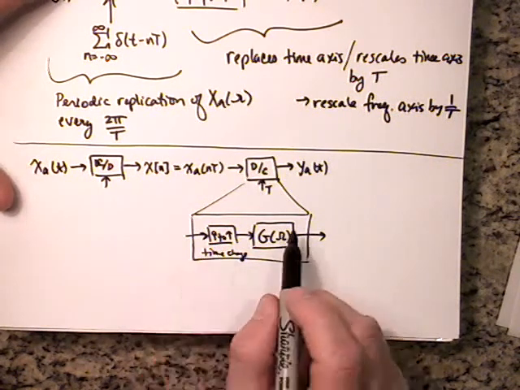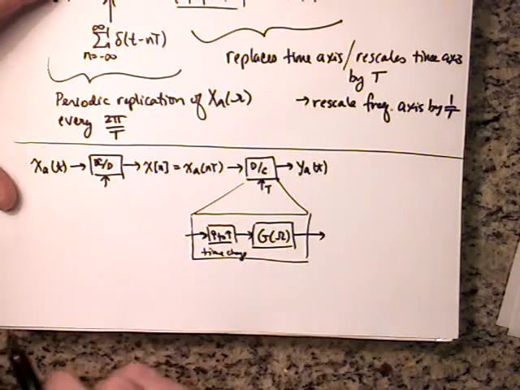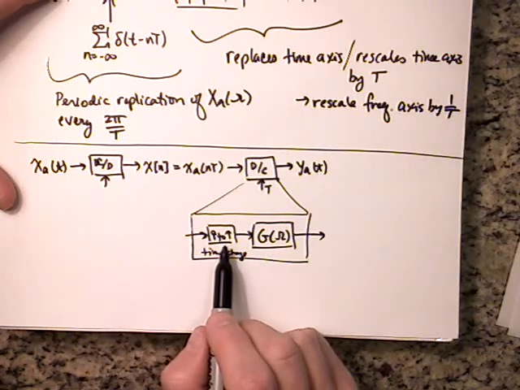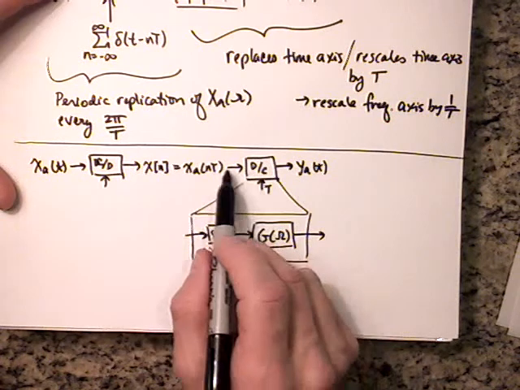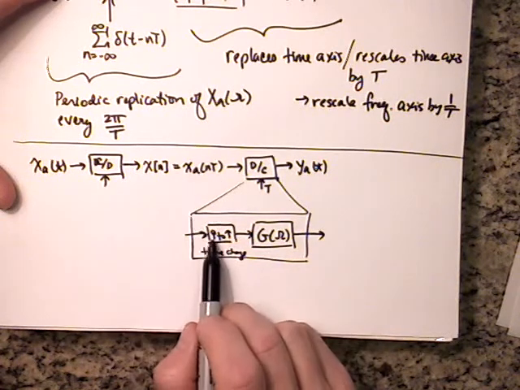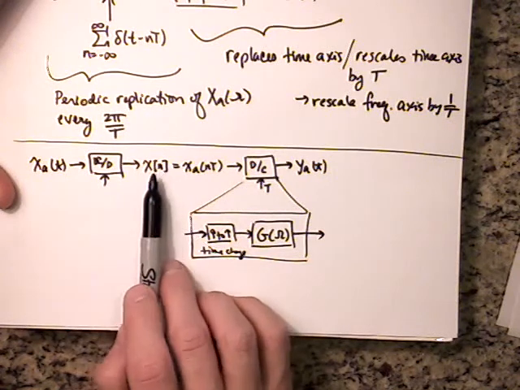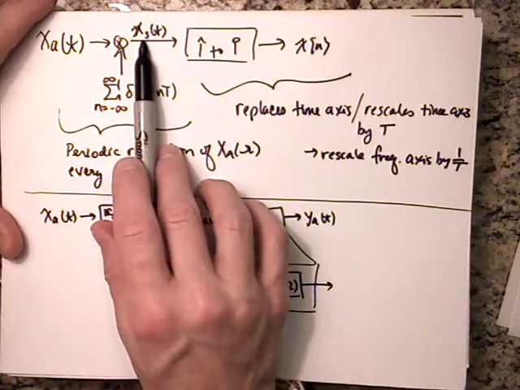So let's just go through this set of mathematical operations. If I start and exchange the discrete time samples x of n for an impulse train, I'm basically going back from x of n to xs of t.